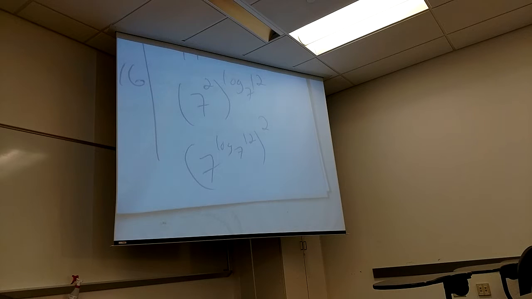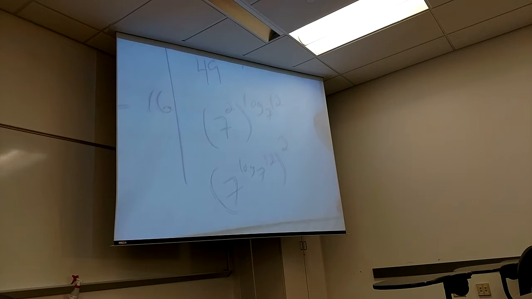Yes. Can you explain why the 2 moves out for the entire thing? Okay. Let me ask you this. So x to the 4th to the 3rd power. Is that different or the same as x to the 3rd to the 4th power? Same. They're the same. Okay. I mean, that's it. Is that cool?